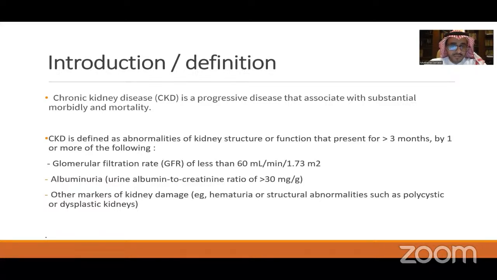First, glomerular filtration rate of less than 60 ml per minute per 1.73 square meter, or albuminuria as evidenced by a urine ACR of more than 30 milligram per gram. And lastly, other markers of kidney damage. Those include, for example, hematuria, abnormal urine sediments, or structural abnormalities in the kidney, such as polycystic or dysplastic kidney.